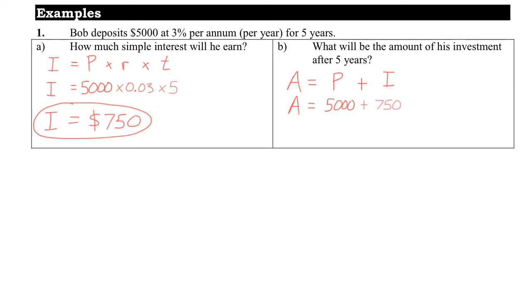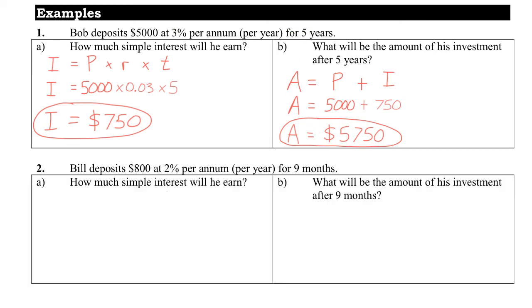So when I add those two together, I get $5,750. So one way we can think about this is Bob put $5,000 into the account. 5 years later, he now has $5,750 in the account.